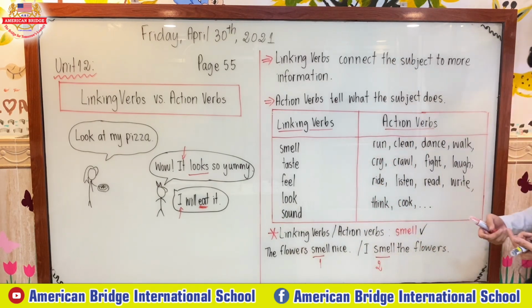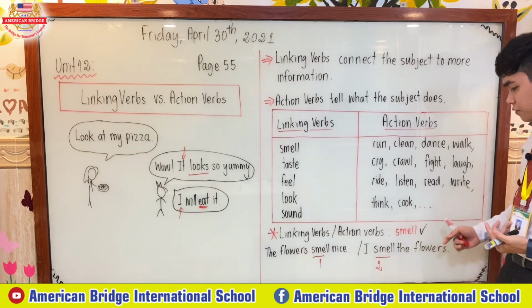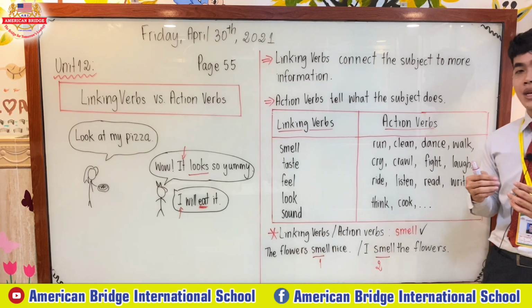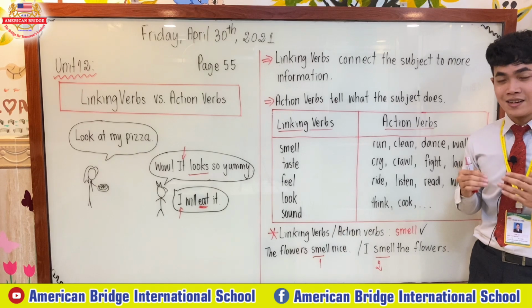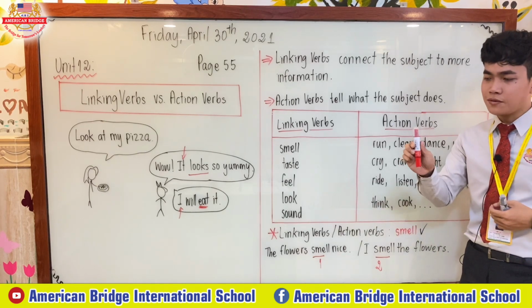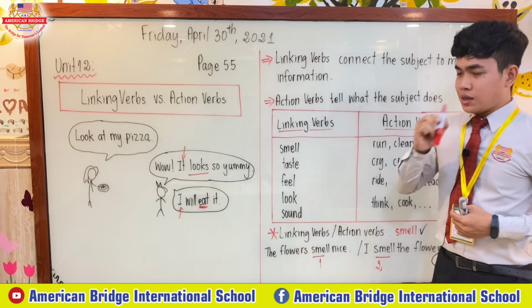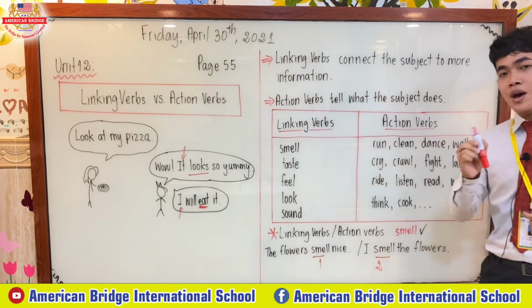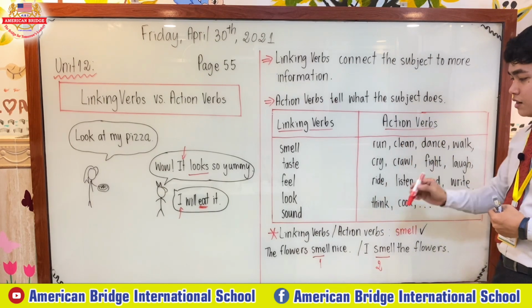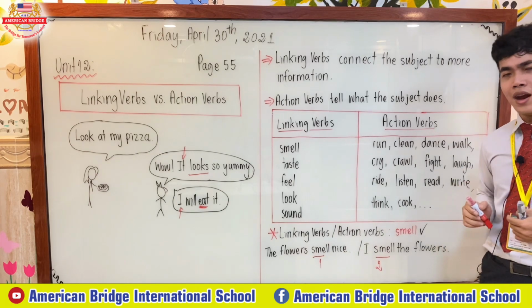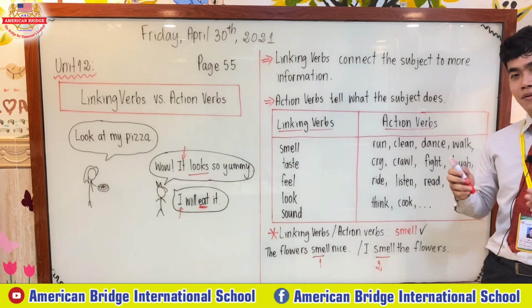And how about the second one? I smell the flower. Of course, the subject is a person, right? For example, this is the flower. I smell the flower. I smell the flowers. And the flowers smell nice. Okay, see everyone?